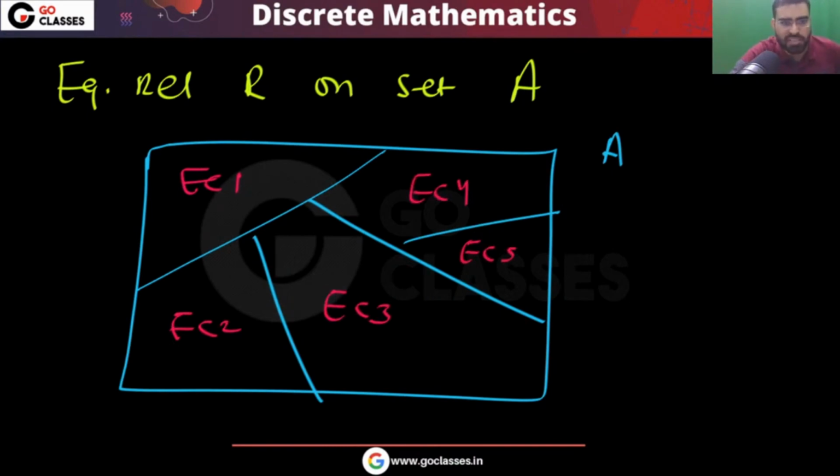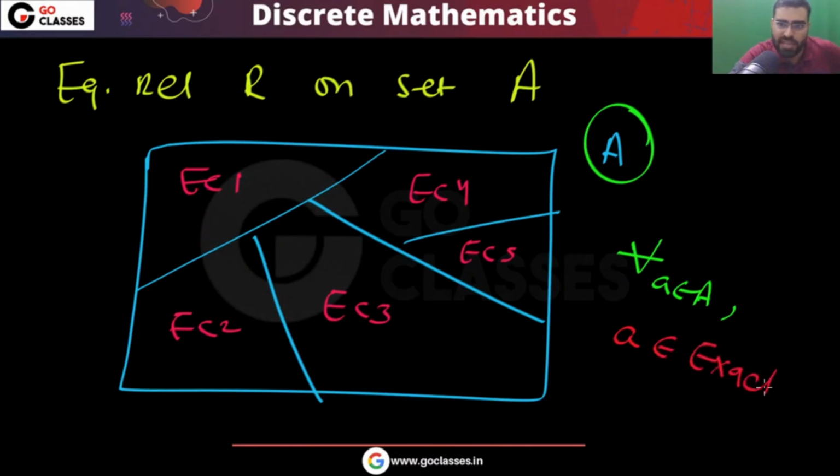There can be more, even an infinite number of equivalence classes, but the point is very simple: these are disjoint, non-empty, and they cover all the elements of A. So for every element A, A belongs to exactly one equivalence class.